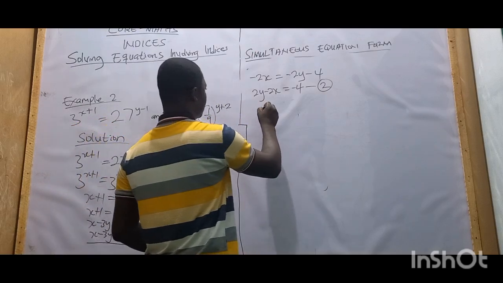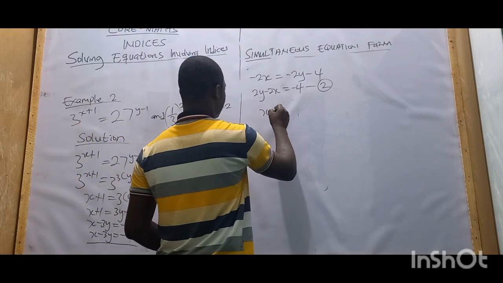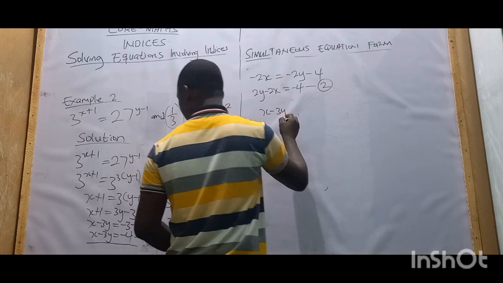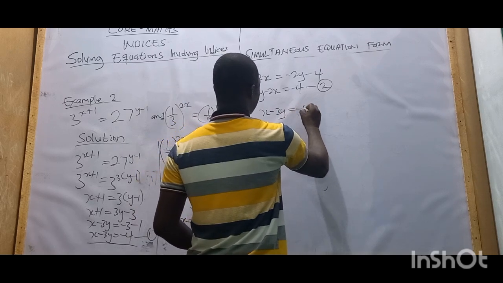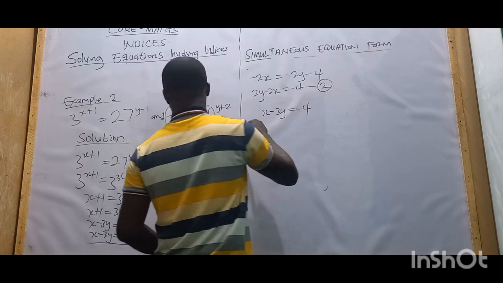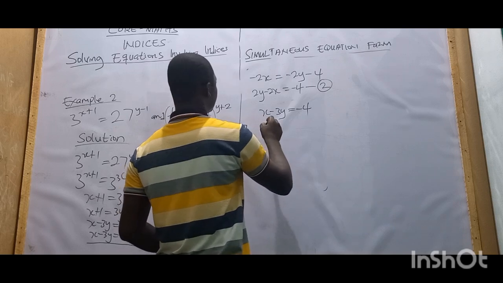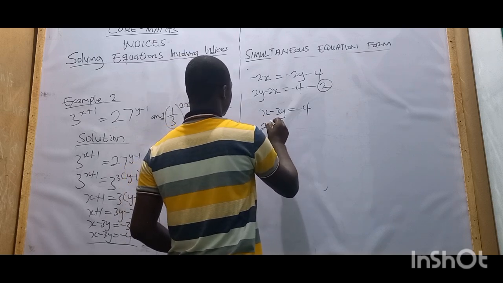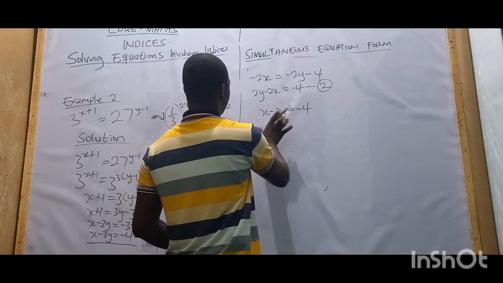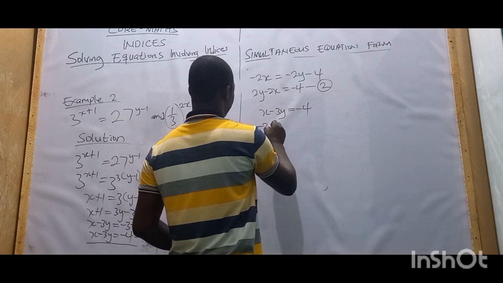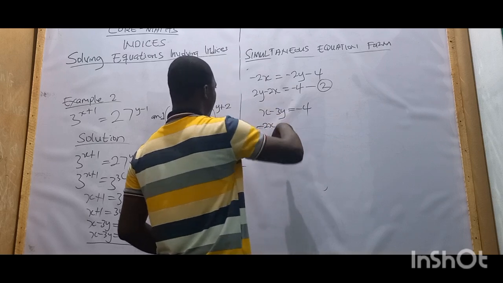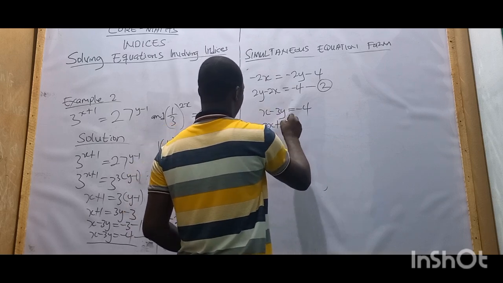So let me write them well. My equation 1 is x minus 3y equal to negative 4. And my equation 2 is negative 2x. We have to write them in order.